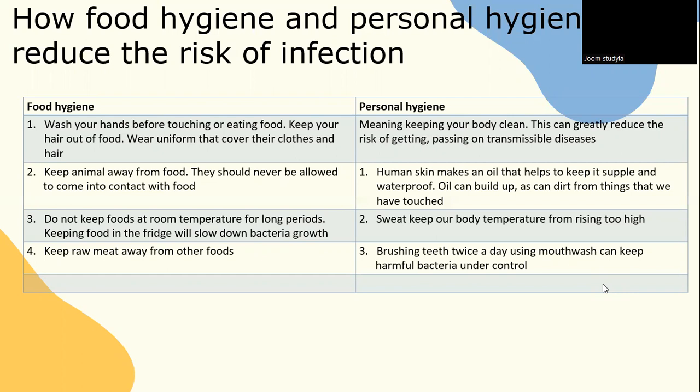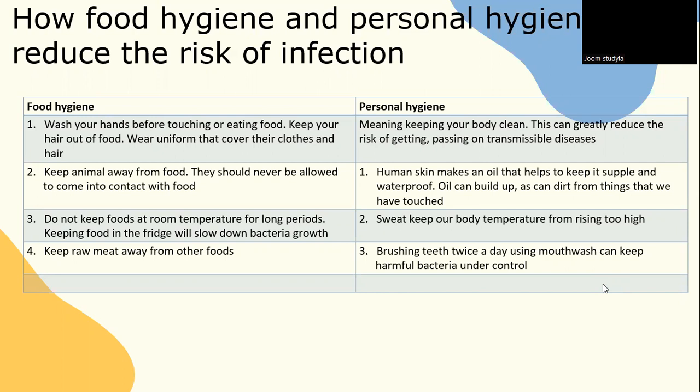Secondly, keep animals away from food. They should never be allowed to come into contact with it. Thirdly, do not keep food at room temperature for a long period. Keeping food in the fridge will slow down bacterial growth. Fourth, keep raw meat away from other foods.